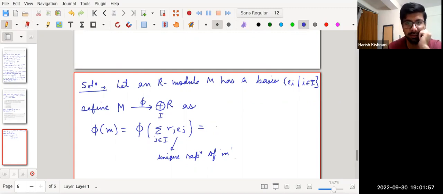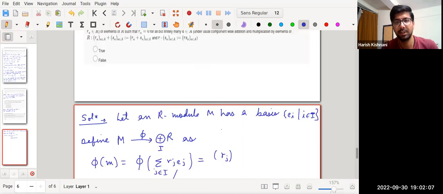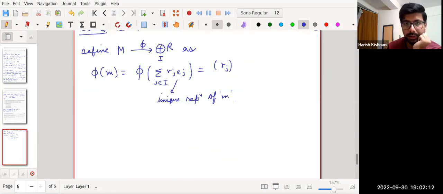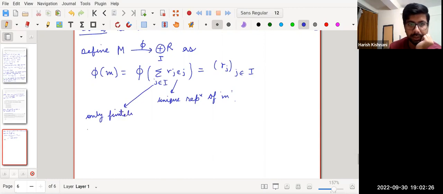Send it to the sequence r_j, because each r_j is from the ring R, and j belonging to I. And here also you are given that only finitely many are non-zero, right?